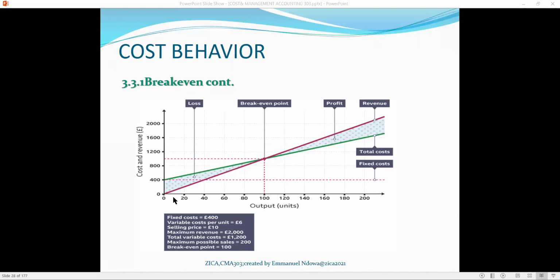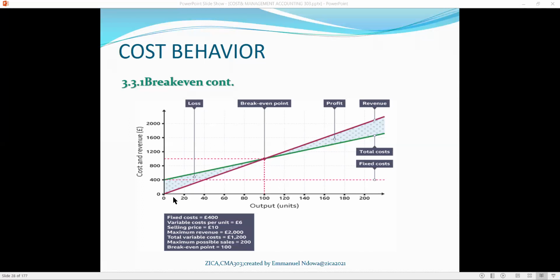But when you get to the point of 100 units, the fixed costs and the variable cost, which make up the total cost, equal your revenue. That's why we say that's the break-even point.